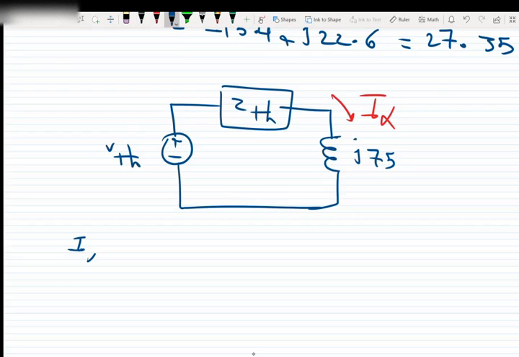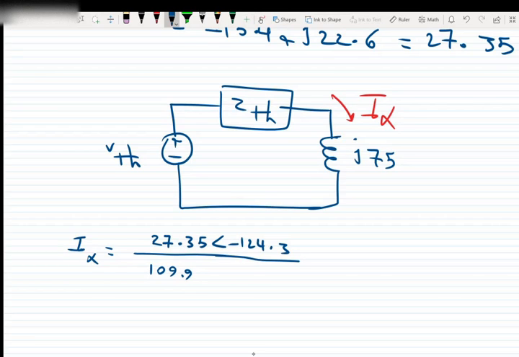Ix is equal to V Thevenin, which is 27.35 with the angle of negative 124.3 over the total impedances, 109.9 minus J0.99 plus J75.